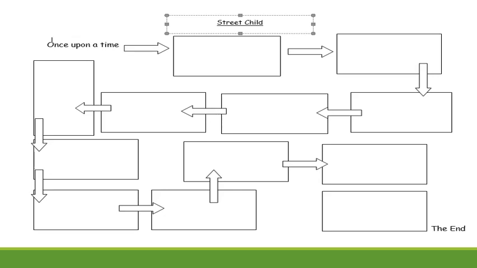Okay, from there, where did he go? Okay, after that, where did he go? Did he go to the workhouse? Did he go where else? Did he land up on the streets? So draw his whole journey and make the story map as beautiful as you can. You have seen the examples in the previous slides, so make a story map exactly like how the children have done in the previous slides.